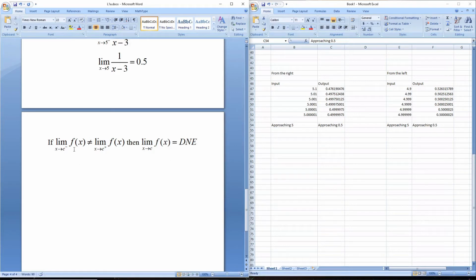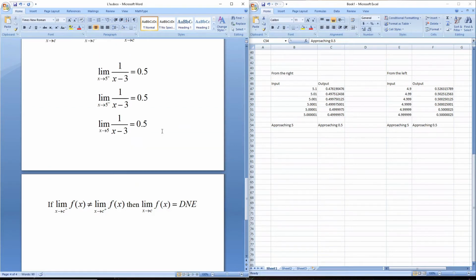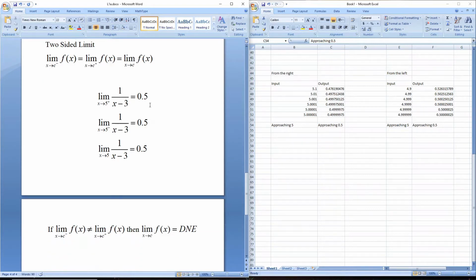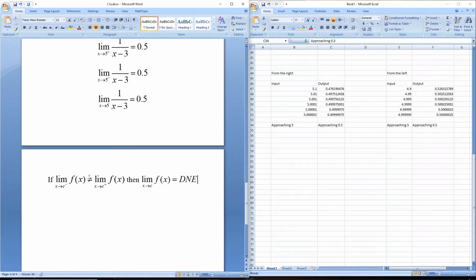So again, if the left and the right equal, then we can write this as a two-sided limit, which means we drop the superscript of the plus or the minus. If the left and right don't equal, then there is no two-sided limit.